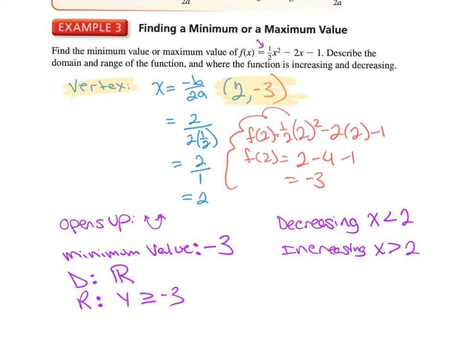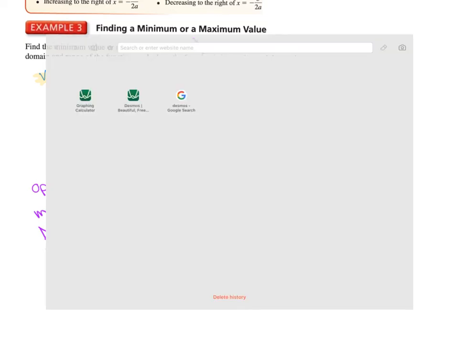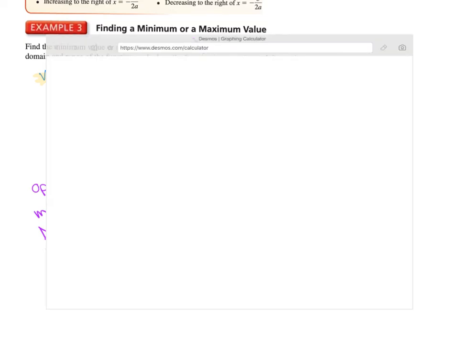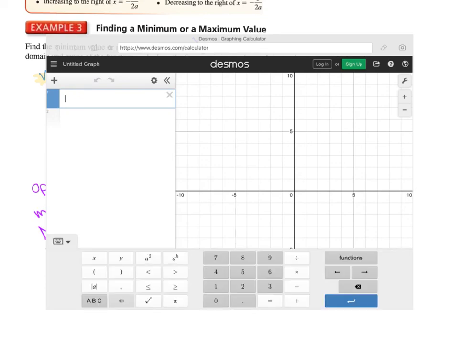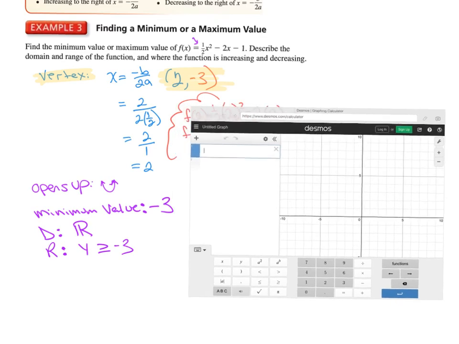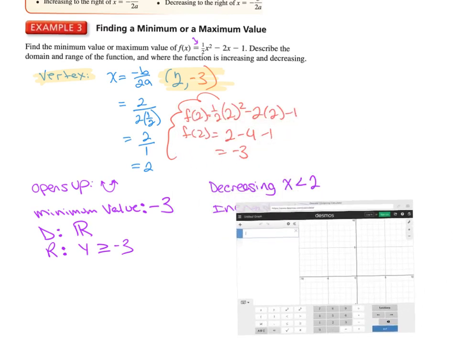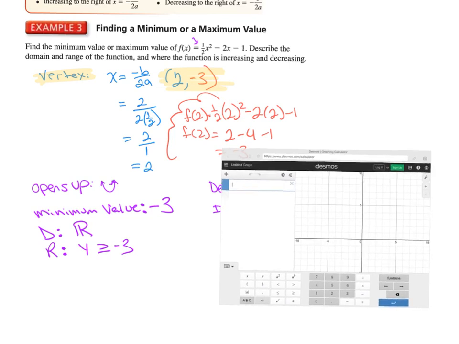So let's take a look at this on Desmos just so we can get a visual of this. Oh, I might have to move that. That's okay.